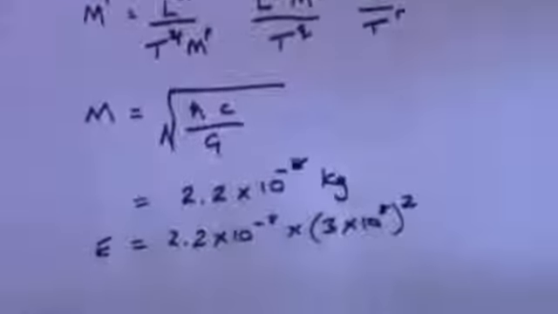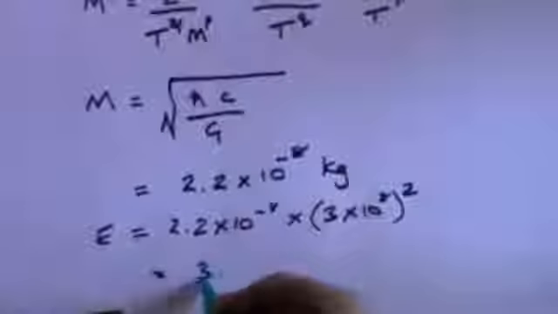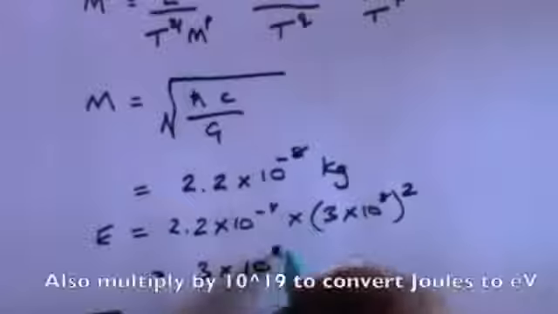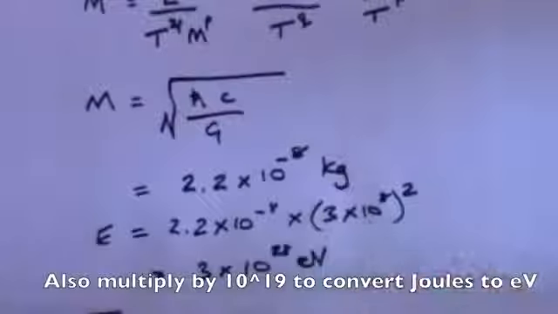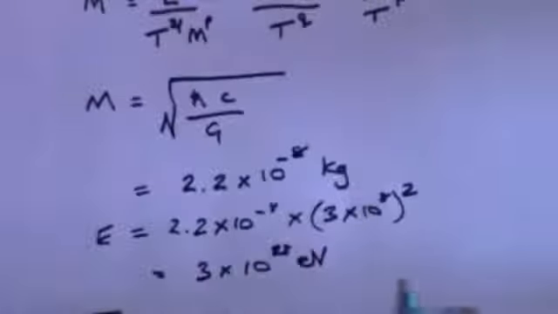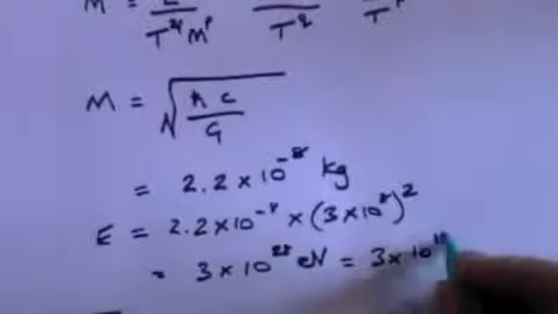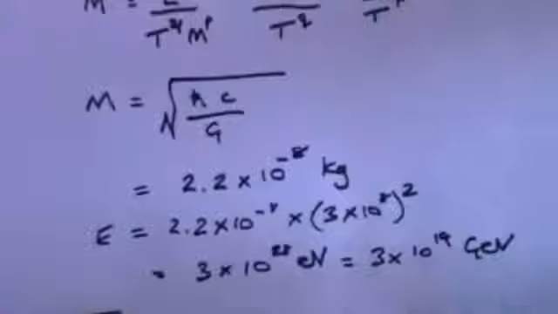And that comes to 3 times 10 to the 28 electron volts. Or if you like, 3 times 10 to the 19 GeV, since a GeV is 10 to the power 9. So that's 3 times 10 to the 19 GeV is the Planck mass.